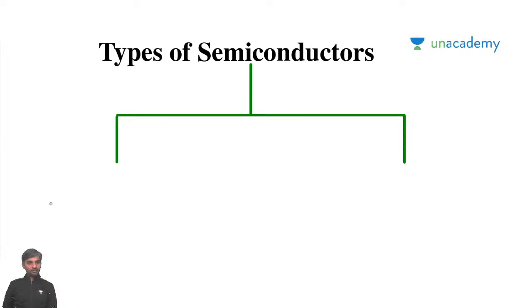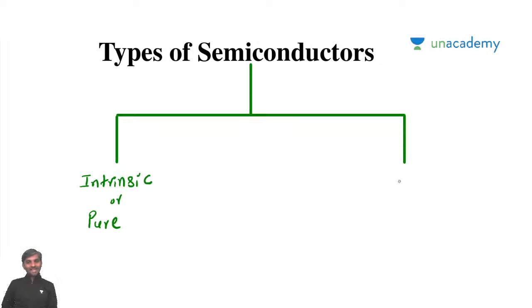There are two types of semiconductors. One is called intrinsic semiconductor, or we call it a pure semiconductor.